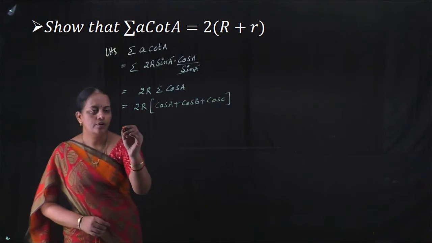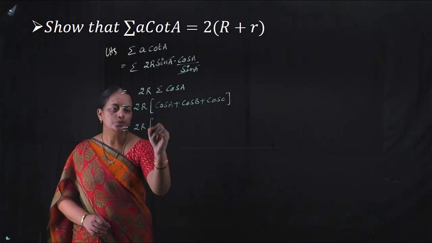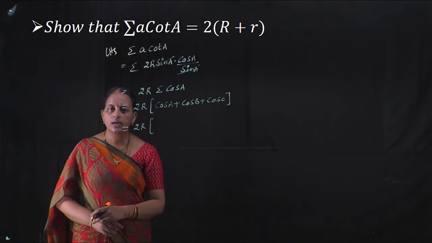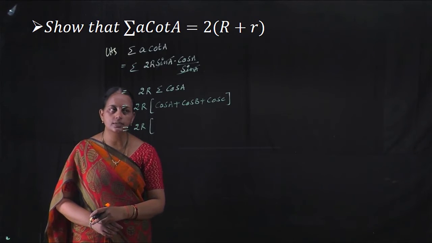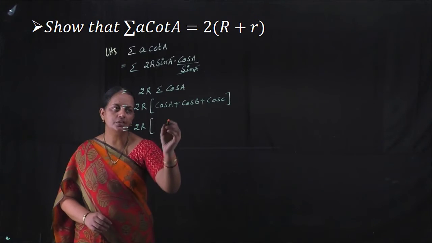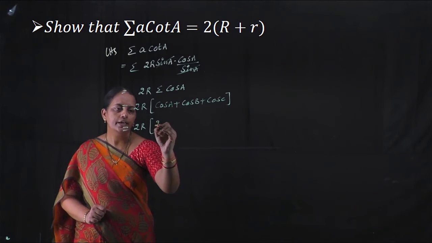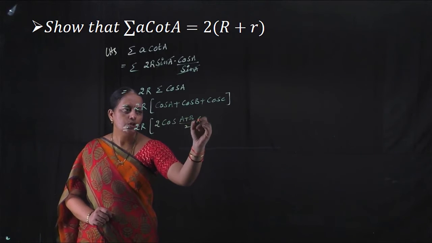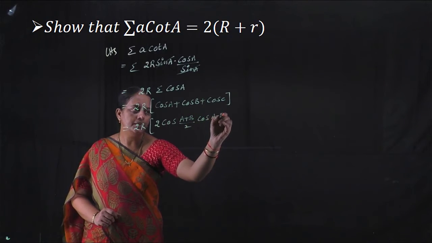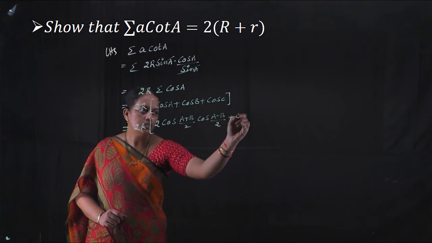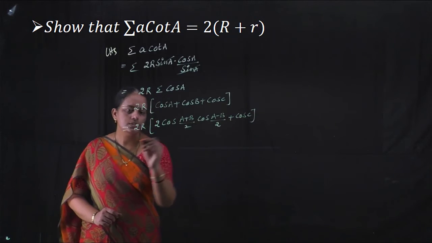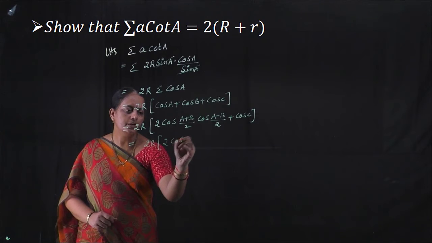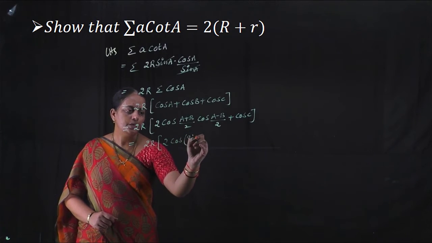By applying transformations, we get 2r into, it is in the form of cos C plus cos D. And we know that cos C plus cos D means 2 cos C plus D by 2 into cos C minus D by 2. From that we can write 2 cos A plus B by 2 into cos A minus B by 2 plus cos C. Okay, this is equal to 2r into 2 cos A plus B by 2 means 90 minus C by 2.